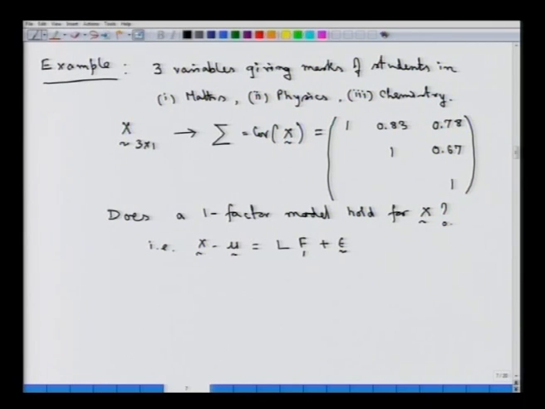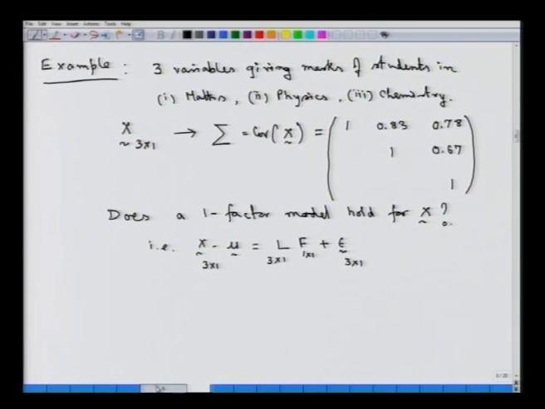So here it is just going to be a scalar, 1 by 1, since there is one factor. L is the factor loading matrix, which is 3 by 1, and epsilon is the vector of specific factors, which is 3 by 1.